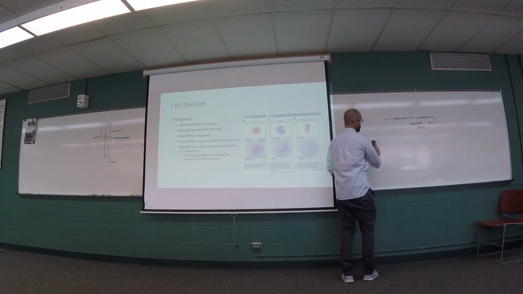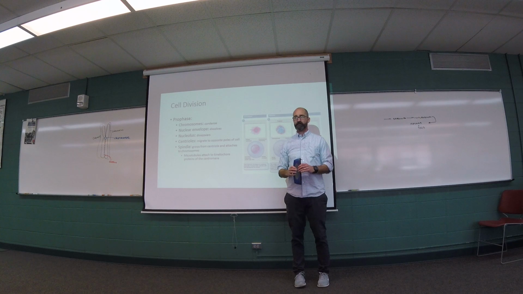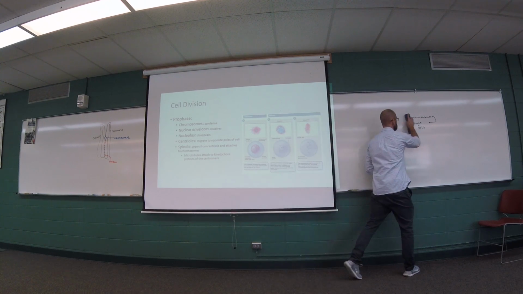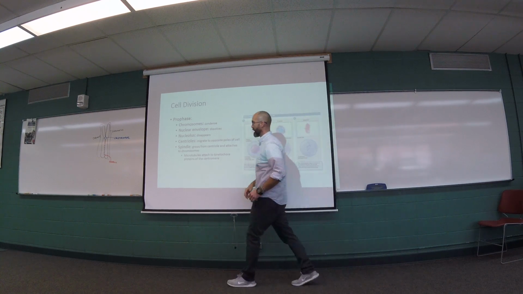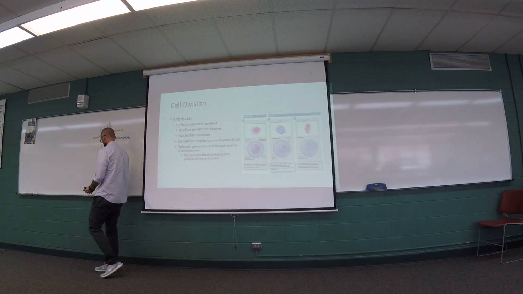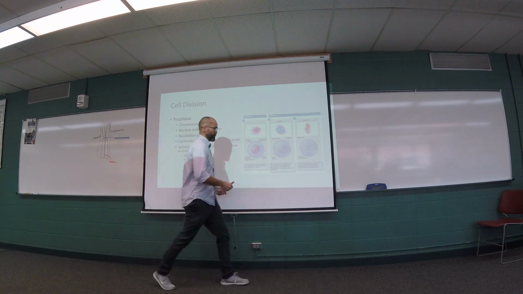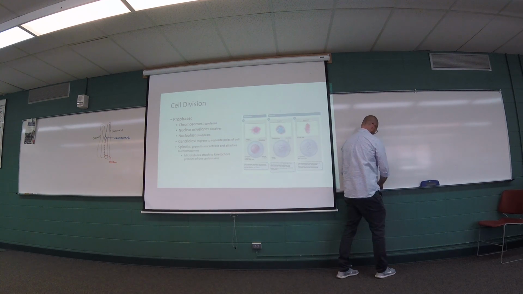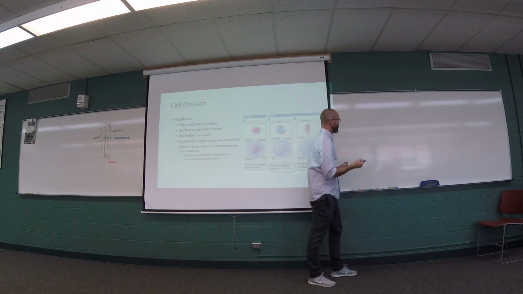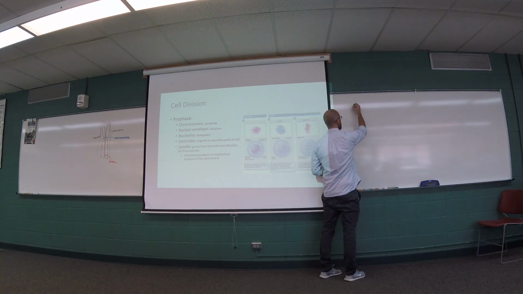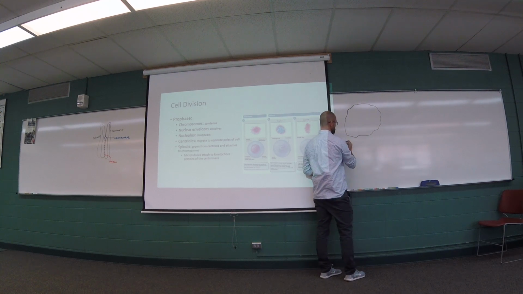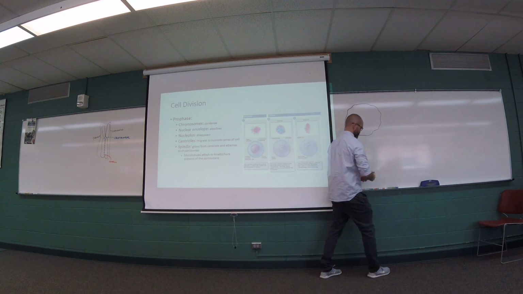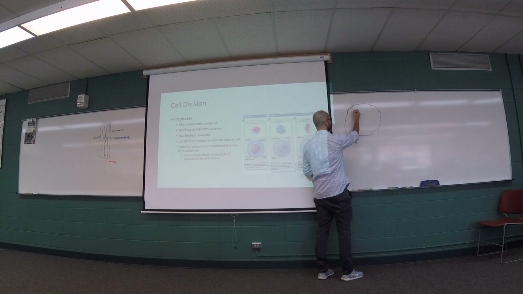What I'd like to do over here on this side of the board is diagram phases of mitosis. I'm going to show you a cell that has 4 chromosomes. Now, we'll use an animal cell as an example. During prophase, there is a well-defined nucleus.